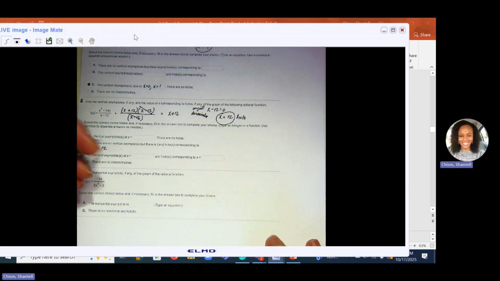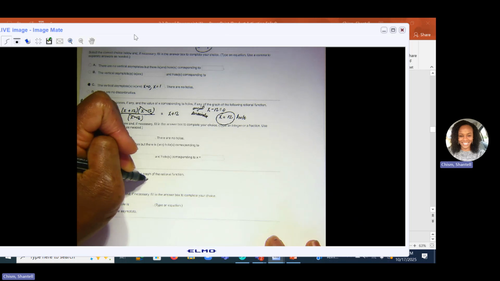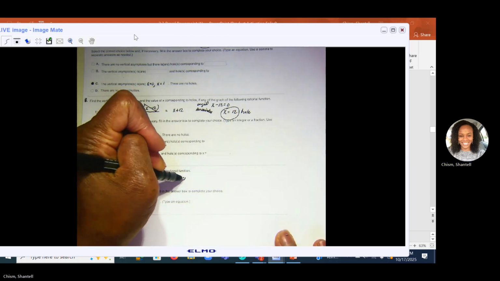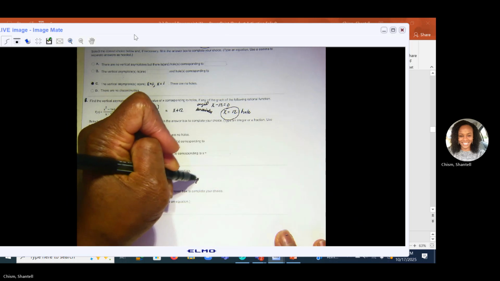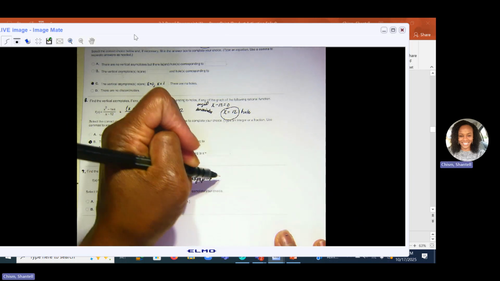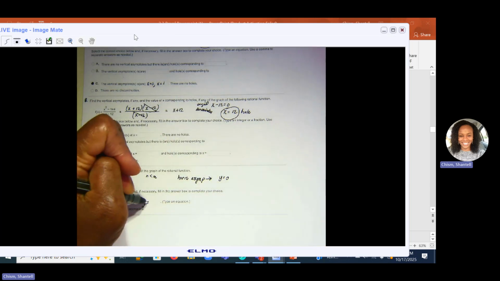To get the horizontal asymptote, I want you to notice that the degree of the top is 1 and the degree of the bottom is 2. So n is less than m. So therefore, the horizontal asymptote is y equals 0. That is the rule. So for the horizontal asymptote, we select A, y equals 0.